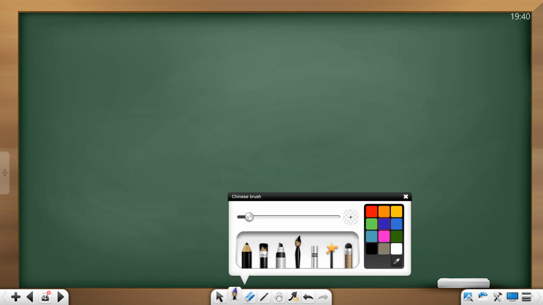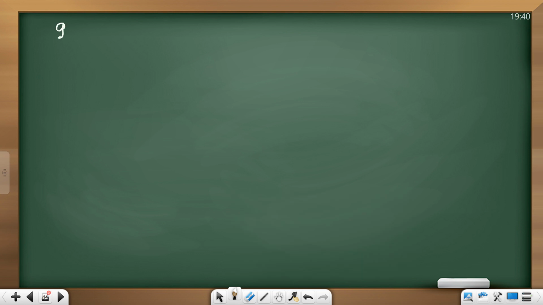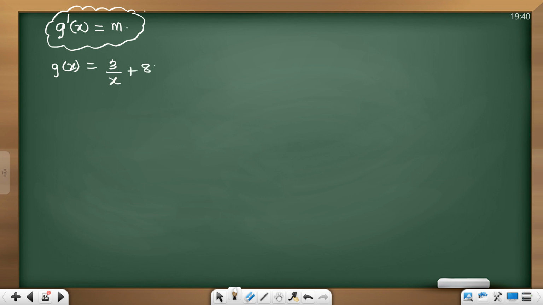Don't forget that g prime, the first derivative, is equal to the gradient. What is our g of x, my dear learners? 3 over x plus 8. We cannot derive like this, right?